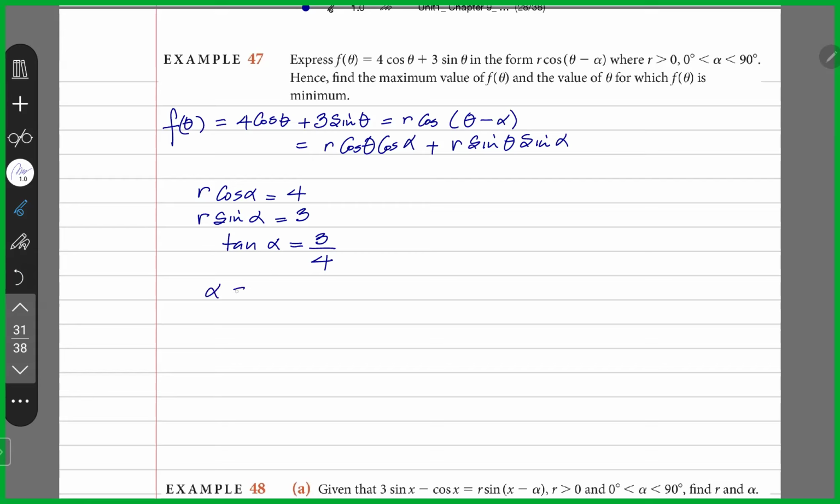So alpha is equal to tan inverse 3 over 4. Alpha is therefore 36.9 degrees.